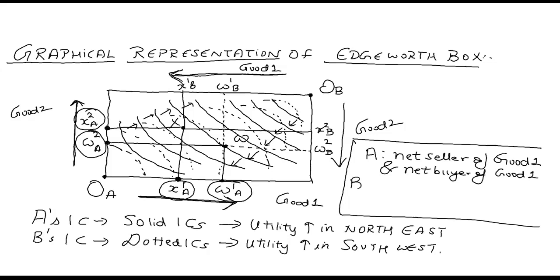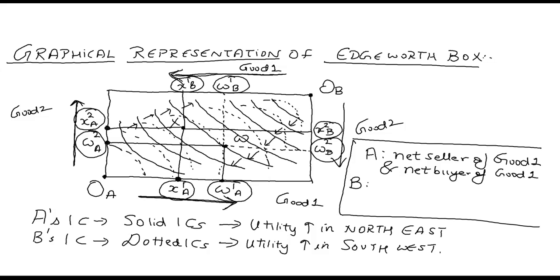Let's look at agent B. Now turn to B's origin. To understand in depth, turn to B's origin. You will see that agent B is consuming more than his endowment of good 1. And on the vertical axis, agent B is consuming less than his endowment of good 2.